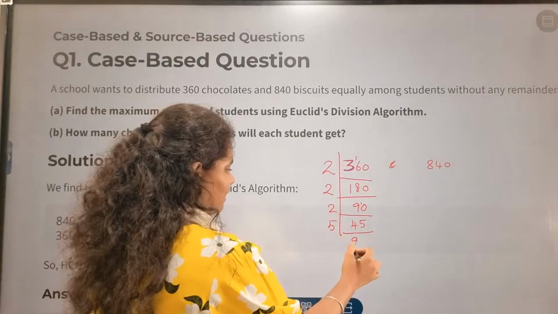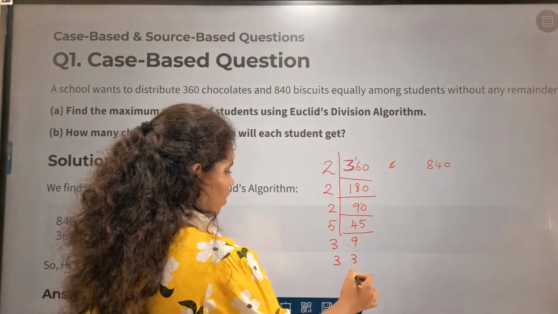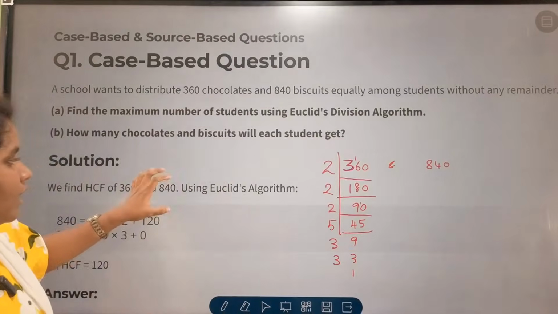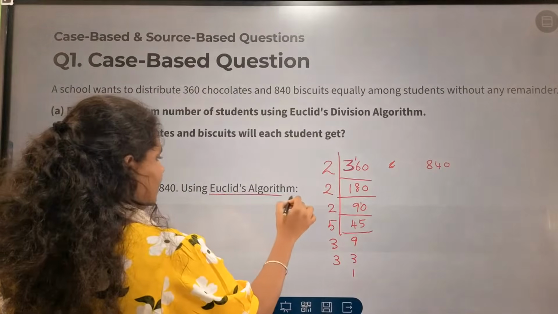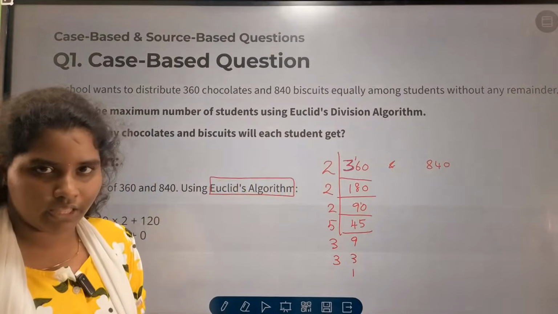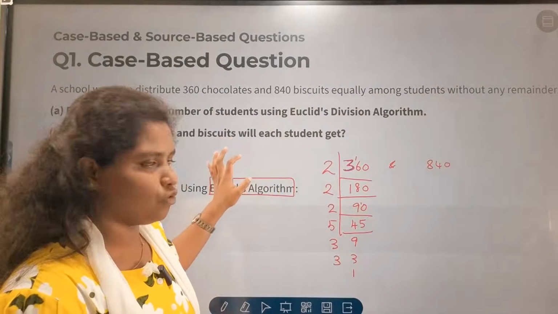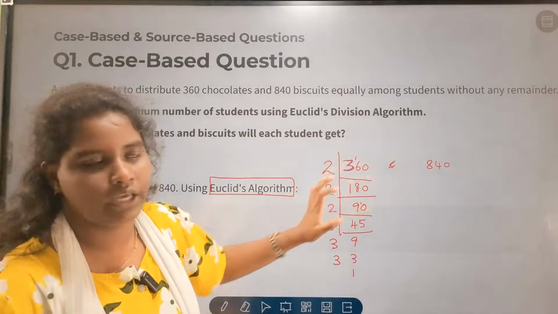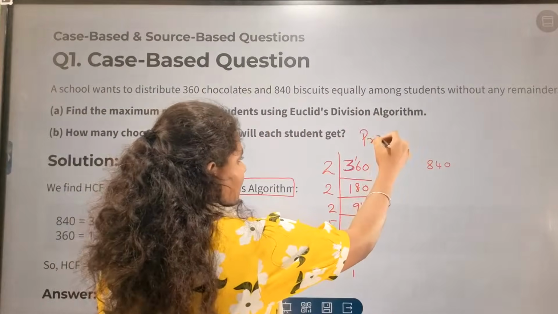So 5 9 times, 3 3 times, 3 1 time. Here they explain by using the equidivision algorithm, but I am doing the same question here by using prime factorization.